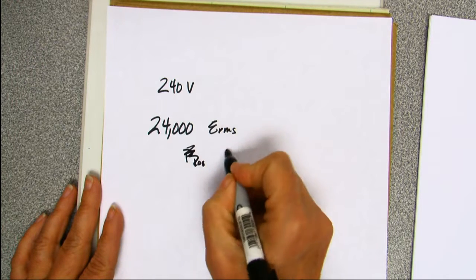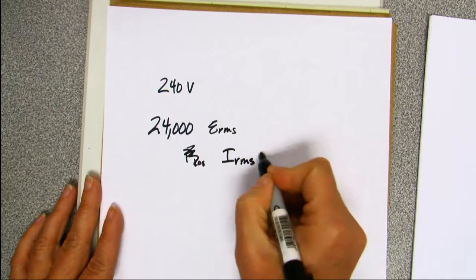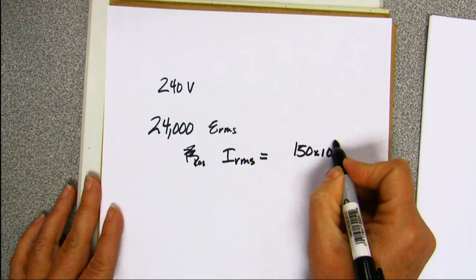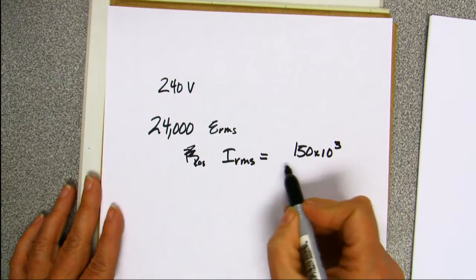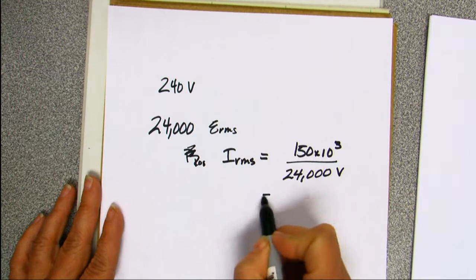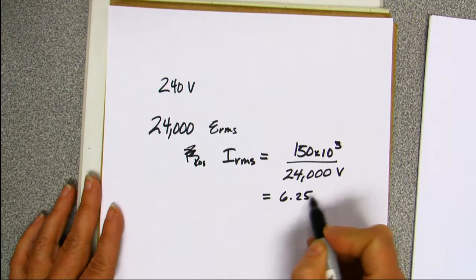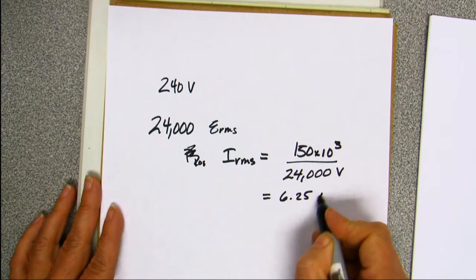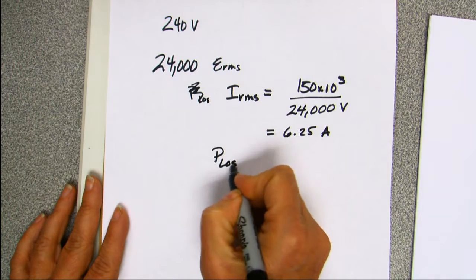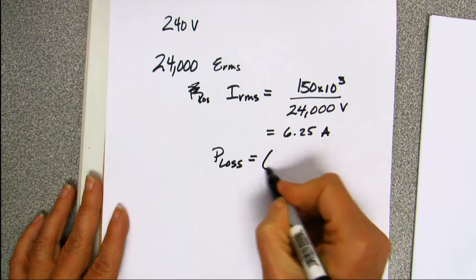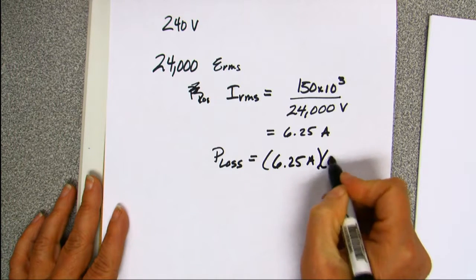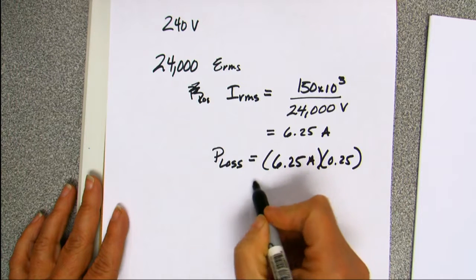My current RMS is going to equal 5 times 10 to the 3 divided by my 24,000 volts, which gives me 6.25 amps. And then my power loss ends up being my 6.25 amps squared times my 0.25 ohms.